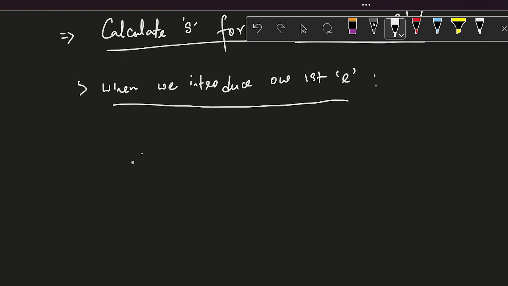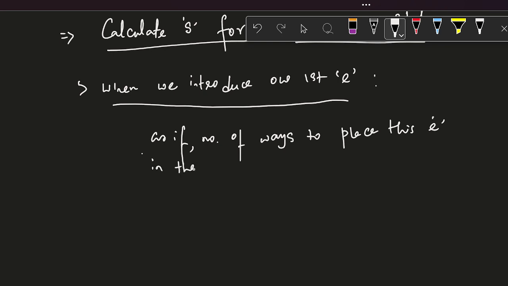So basically, initially when you introduce your first electron, the number of ways to place this electron in the tetrahedron, omega, the number of microstates, is nothing but 1.